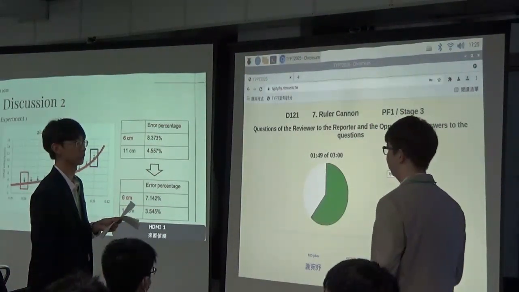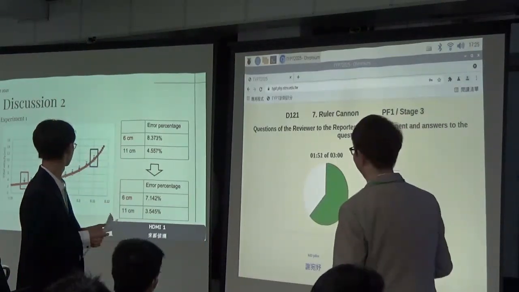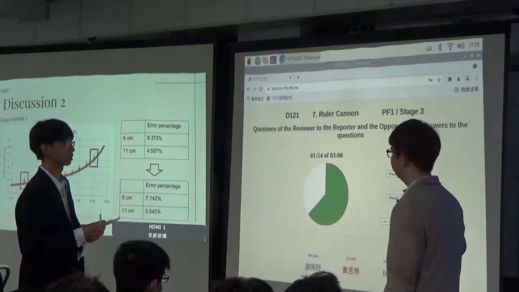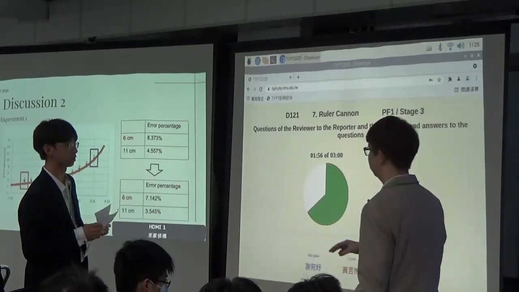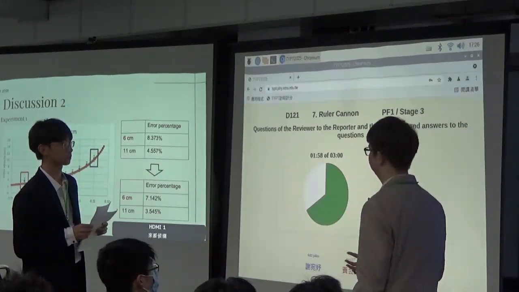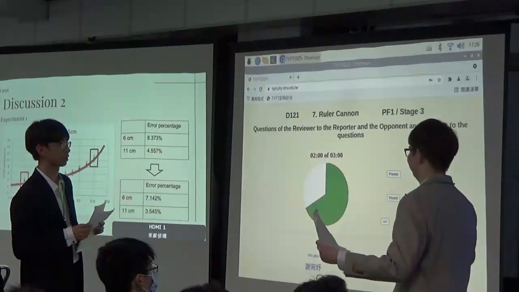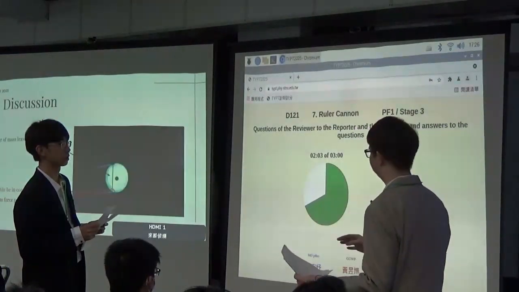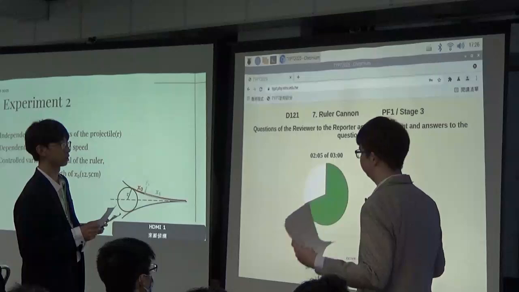Can you say again? Sorry. So I believe that the larger the distance between the point of force and the ball, the larger the velocity will be.